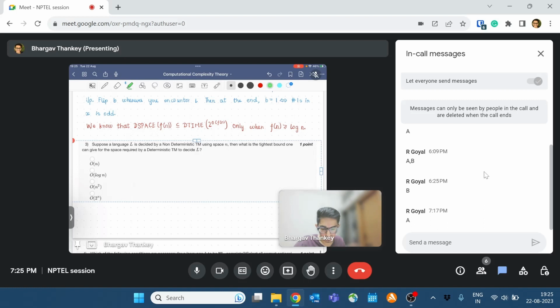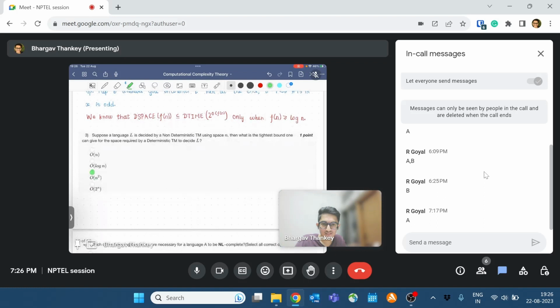Savitch's theorem says that if a non-deterministic Turing machine decides something in space f(n), then a deterministic Turing machine can decide it in space f square n. So here f(n) is just n, and so f square n is just n square.